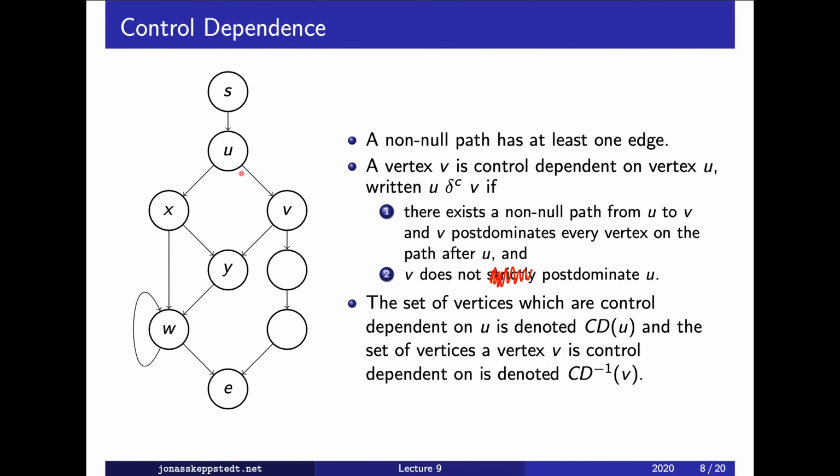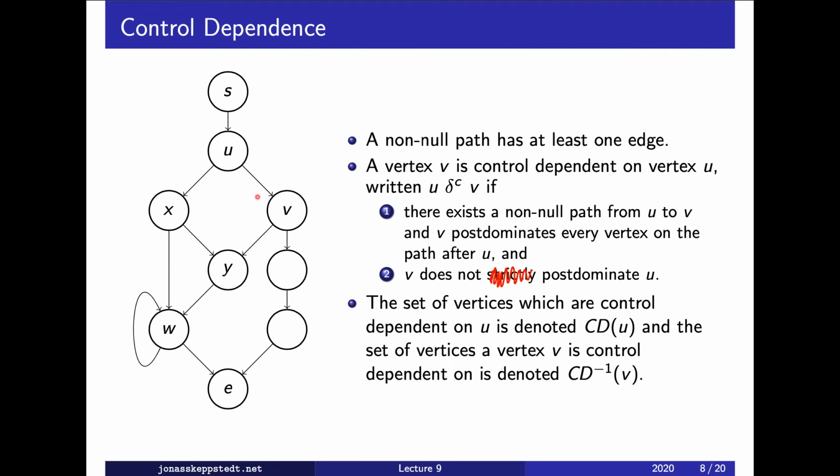as in this case, if there is a non-null path from U to V and V postdominates every vertex on the path after U, and V does not postdominate U. Okay, let's see if this works.